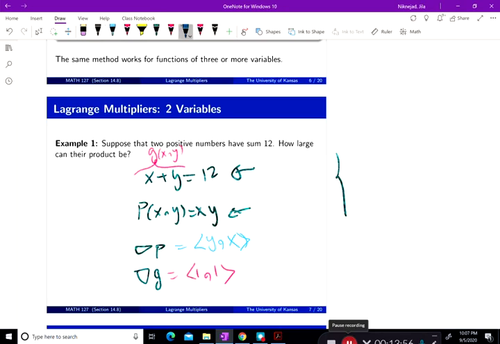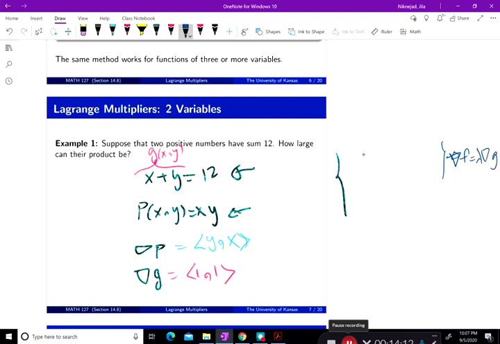So set all the equations. Two of them are related to gradient of f equal to lambda gradient of g. What does that do?